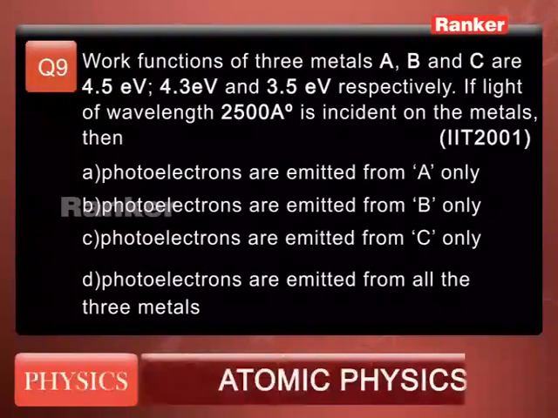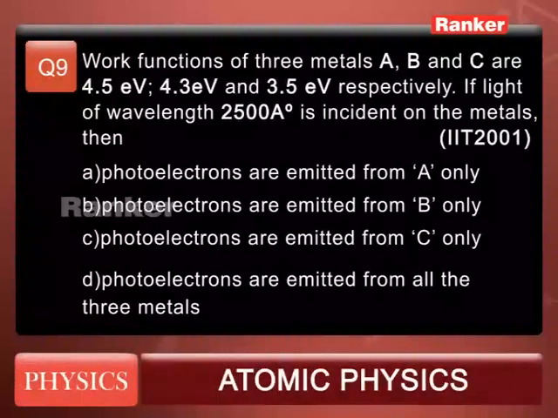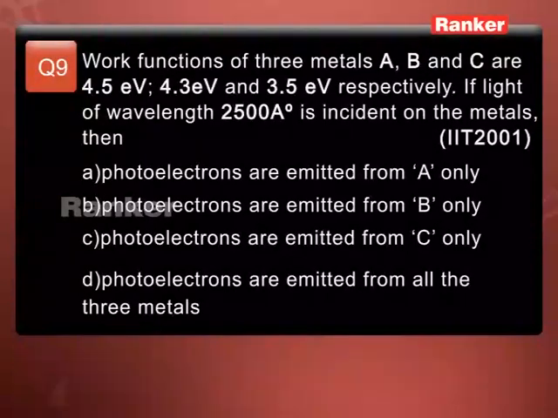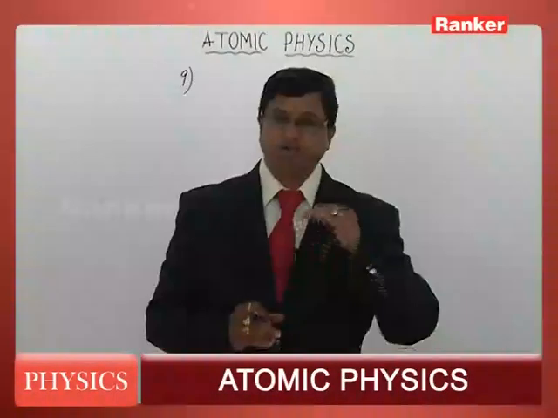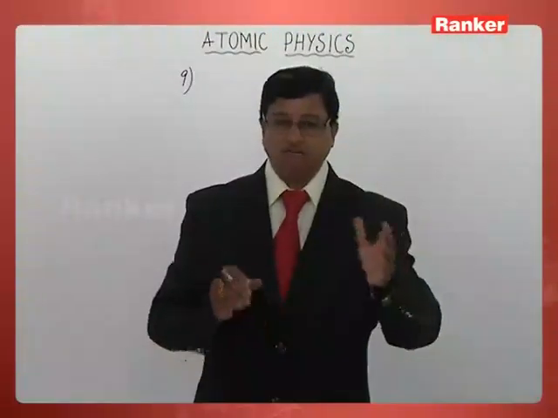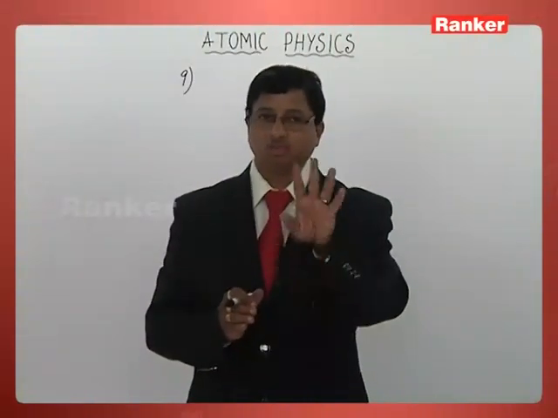The third option says photoelectrons are emitted from C only, not from the first metal, not from the second metal, only from the third metal. And the last option, the fourth, says photoelectrons are emitted from all the 3 metals, from A, from B as well as from C. That's the conclusion he is making with the fourth option.